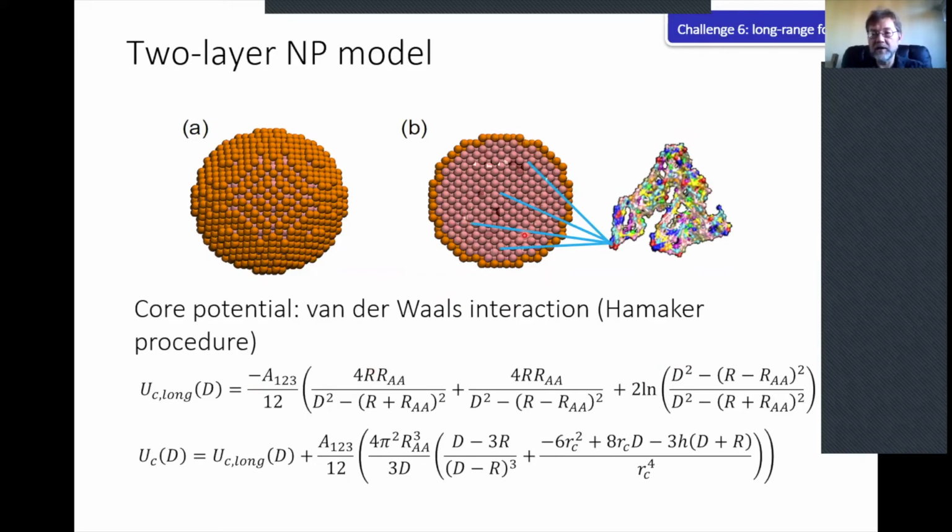For each amino acid, we know its volume and the amount of material in there, so the radius of the amino acid is entering, and we integrate its interaction with the rest of the nanoparticle. If the geometry is simple, like a sphere or cylinder, we can pre-calculate these potentials, and this saves a lot of time. But this potential is long range, so it's problematic to include it in a real MD simulation.